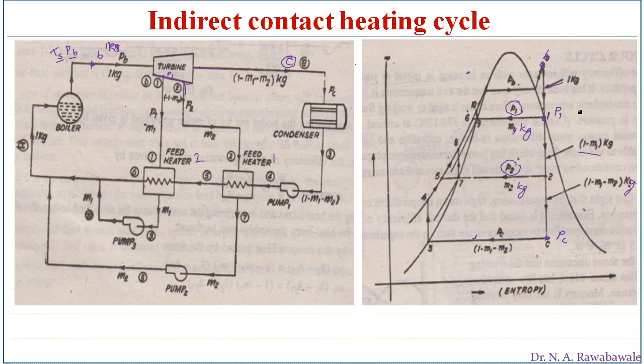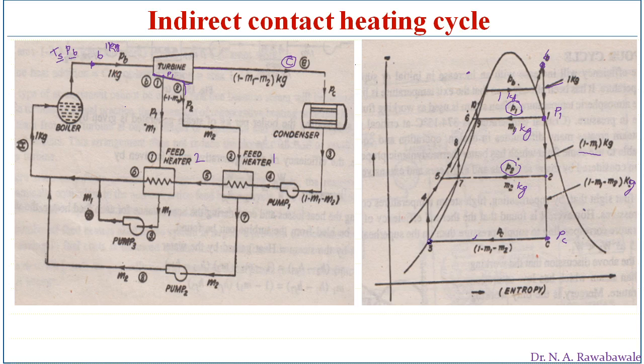Initially 1 kg enters and is expanded, m1 kg is taken out, then m2 kg is taken out, and the rest of the steam, 1 minus m1 minus m2 kg, is condensed up to point 3.